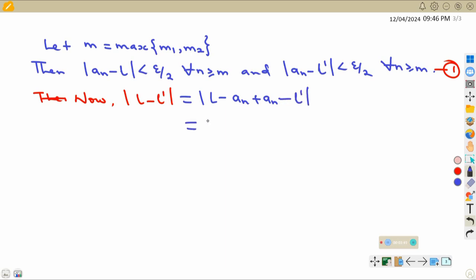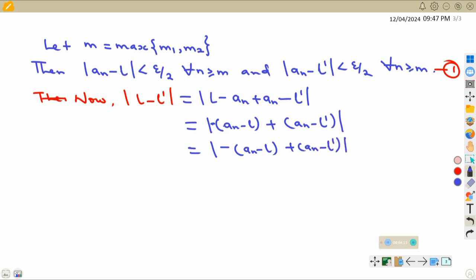So clearly this is still the same as minus of (a_n minus L) plus (a_n minus L prime), in magnitude.